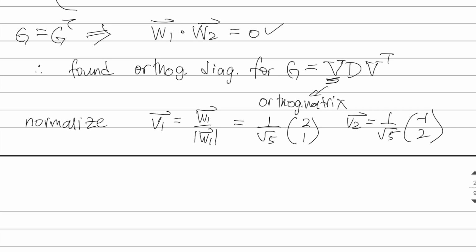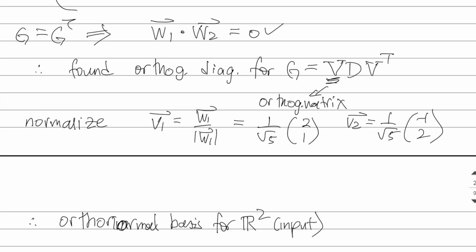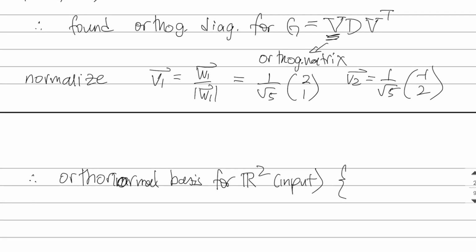And this basis is what we need. So what's happened here is now we have found an orthonormal basis for R2, the input space. And that orthonormal basis is just these two vectors, 1 over root 5, 2 and 1, 1 over root 5, negative 1 and 2.